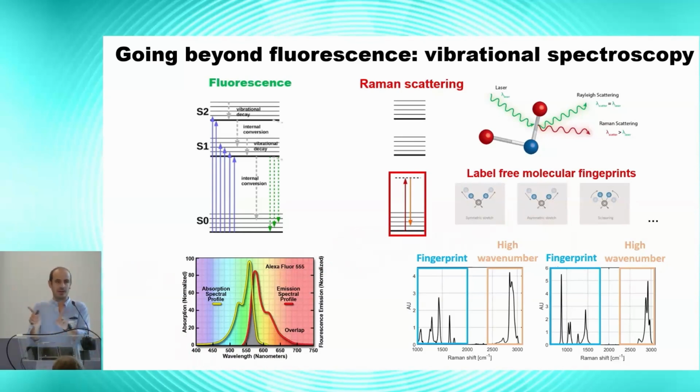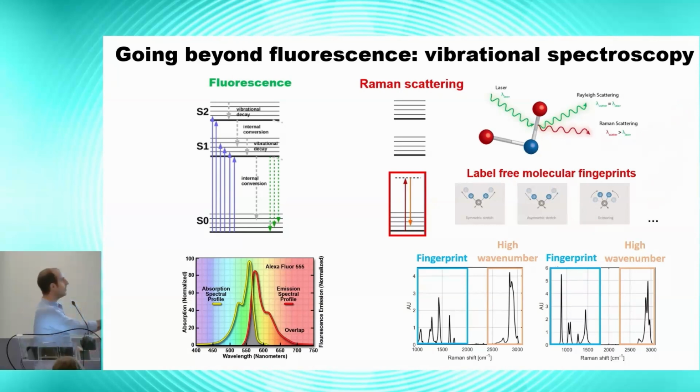So the molecule vibrates and steals away some of the energy of your light, and you get light at a slightly different color. The interesting thing is that the color you measure gives you a fingerprint of the vibration you have scattered against. So you can have a biomolecular fingerprinting, label-free and non-destructively, of your biological tissue. This is very interesting.